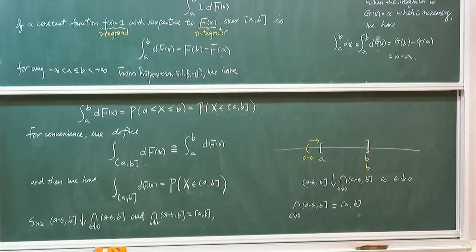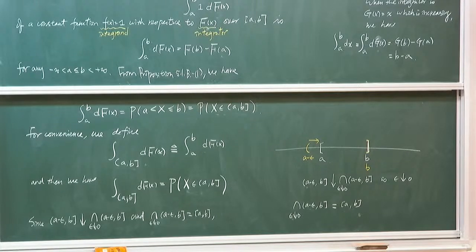So this is f of b minus the limit as epsilon goes to 0. Okay.